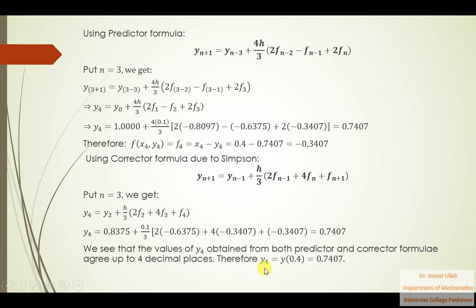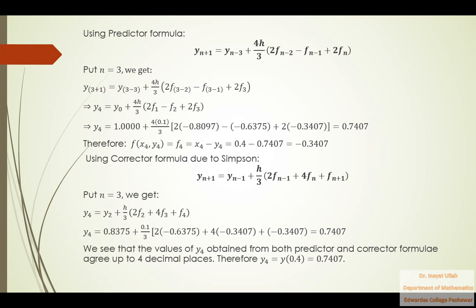y4 is actually y of 0.4. I told you before, that is y of 0.4, and this is actually 0.7407. So that is the criterion to use Milne Simpson's predictor-corrector formula to find a certain value of y for a given value of x.